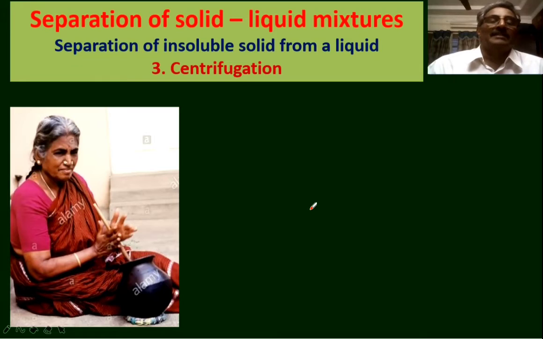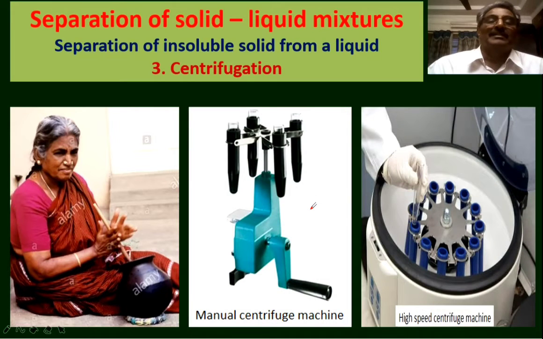The process of the separation of cream from milk or curd is shown in this figure. By churning the milk, the cream will be separated from the milk. The process which is used in the laboratories is shown in these figures.